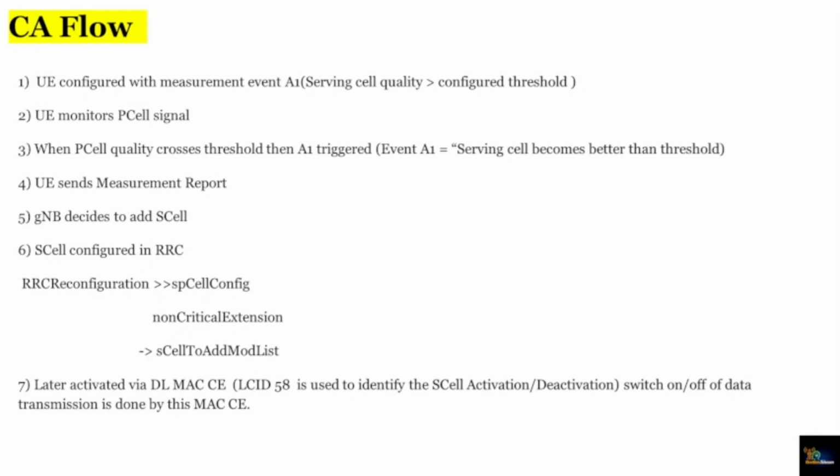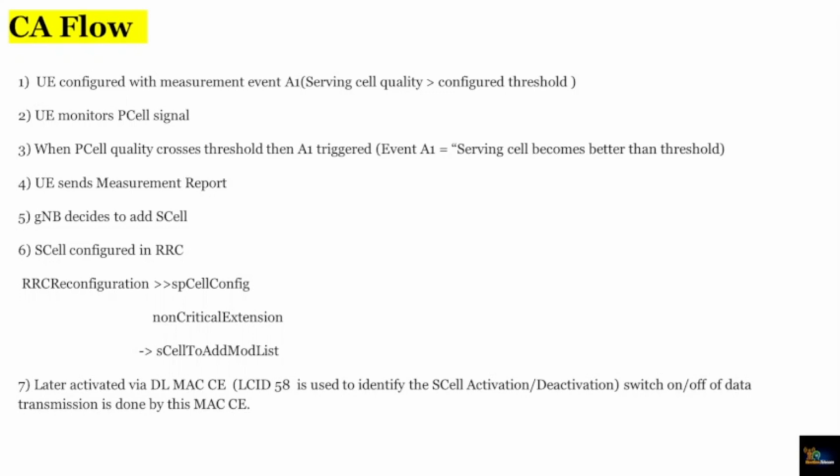So you can see here the flow of CA. The UE is configured with the measurement event. Event A1: the UE monitors the P-cell signal, and when the P-cell quality crosses the threshold, A1 is triggered.